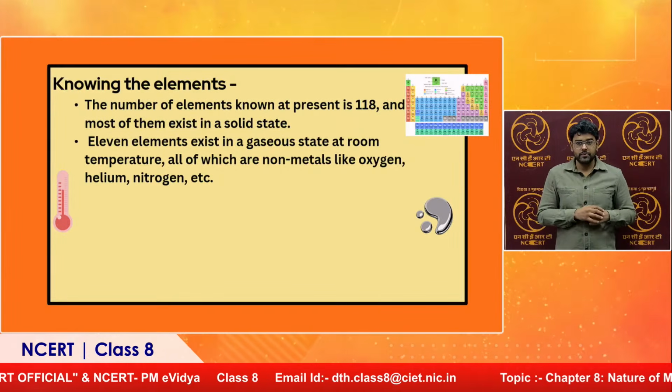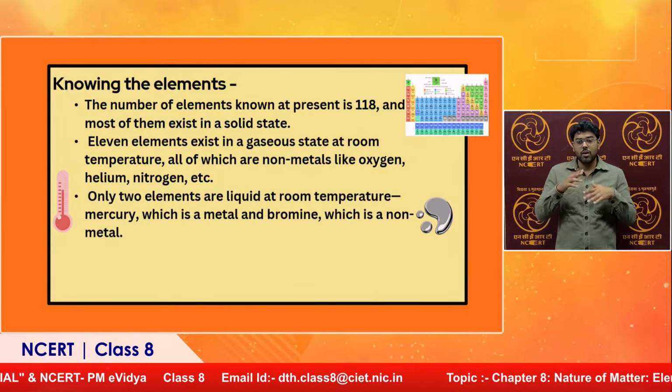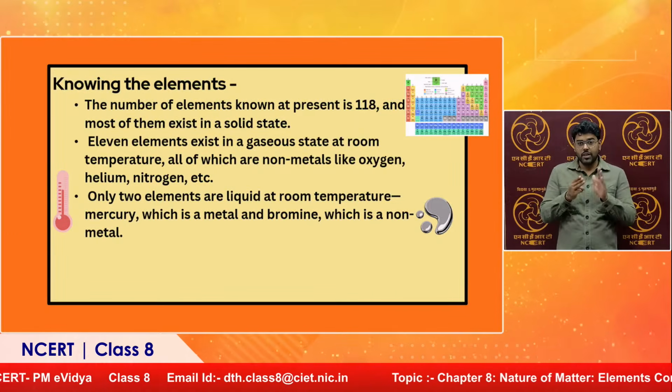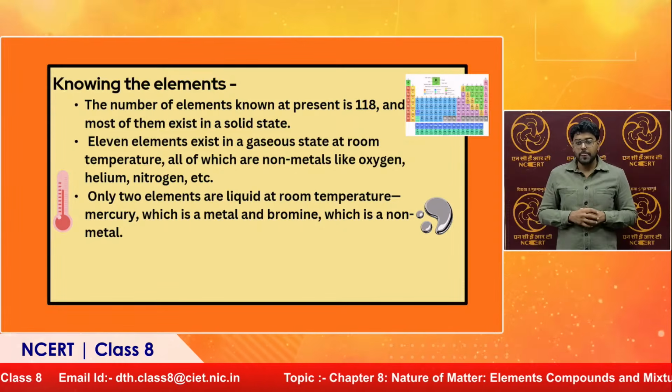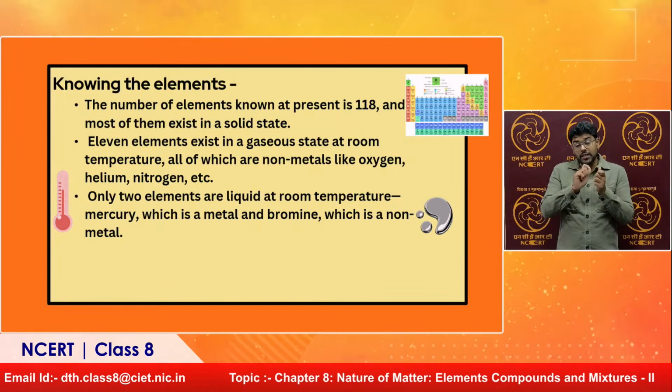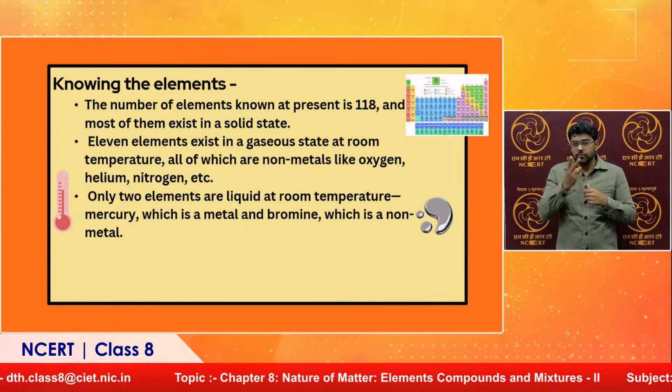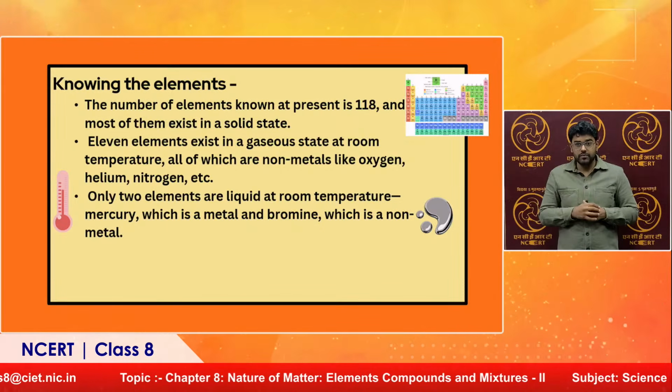Next information: mercury, which is a metal, and bromine are present in their liquid state. The utility of mercury, we have also seen, is that it is filled in thermometers. Why is it done? So that any variation in the temperature shows, because metals are good conductors of heat. But ma'am, is it the only metal that is present in liquid state?